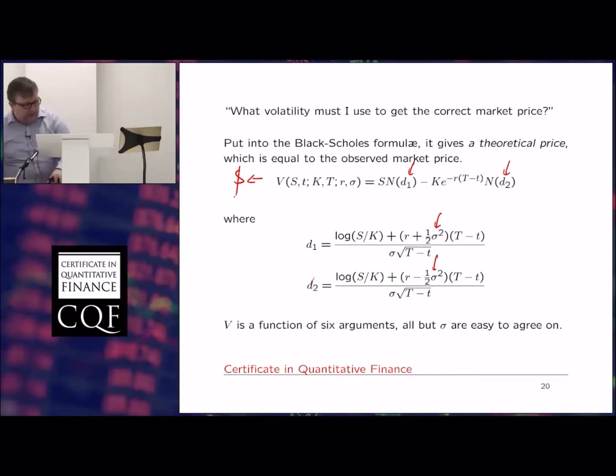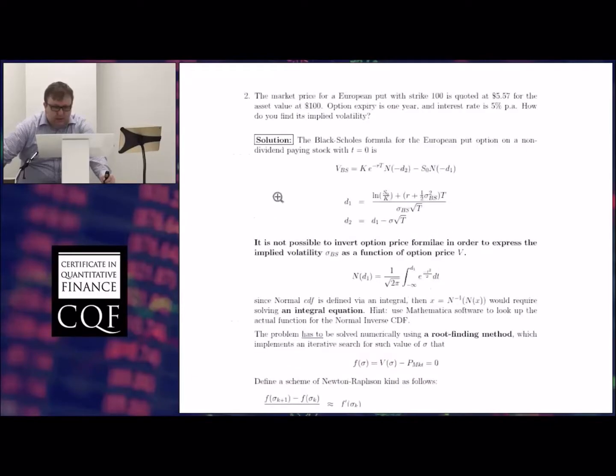And I have, in the exercise solutions, a Newton-Raphson because I find it quite easy to talk about analytically. But in older days, even before the computers, they had pre-computed values of the Black-Scholes printed like a book.